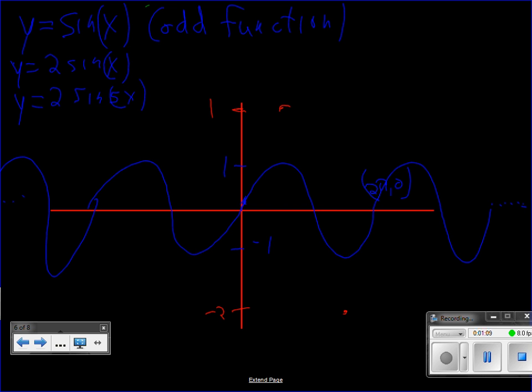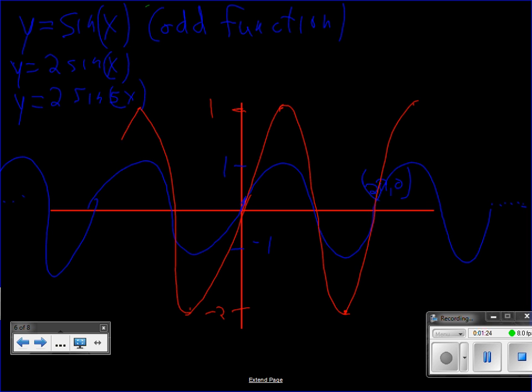It's going to come down, and so on, and I'm going to come down here. So what is this? It's been amplified or stretched: 2 times the sine of x.